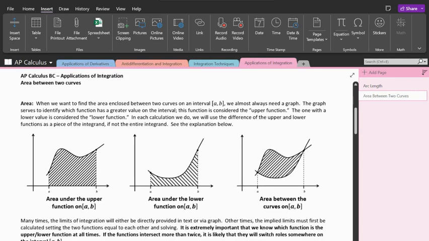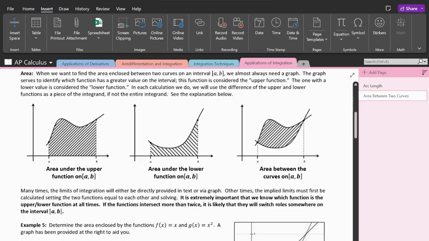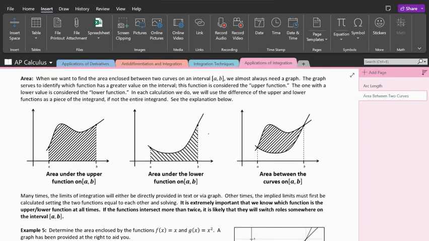So as we see, the area under the upper function, which I'm going to define as f of x, and we're going to define this one as g of x, would be the integral of f of x dx. This would be the integral of g of x dx, and we can find the area between them by subtracting them.